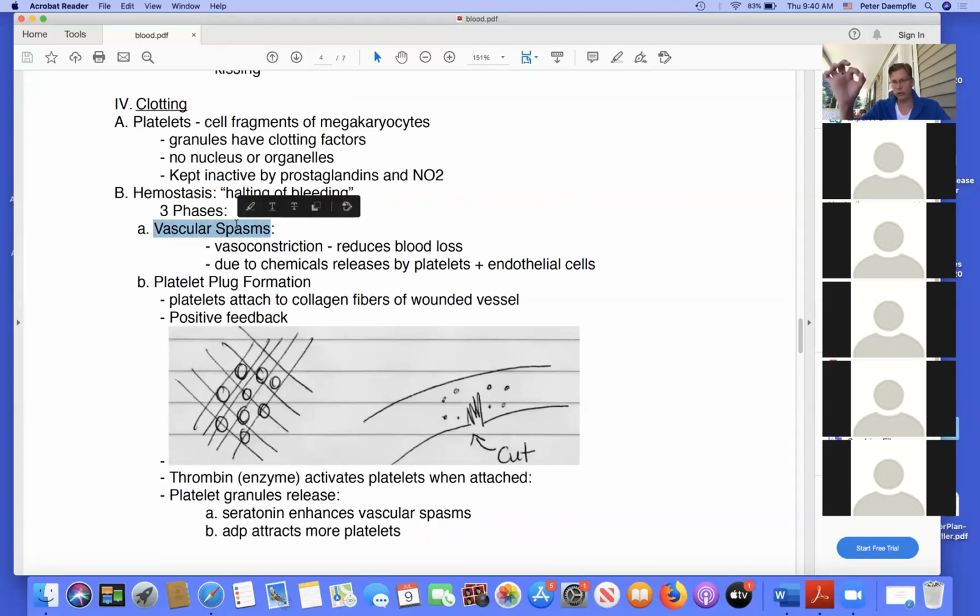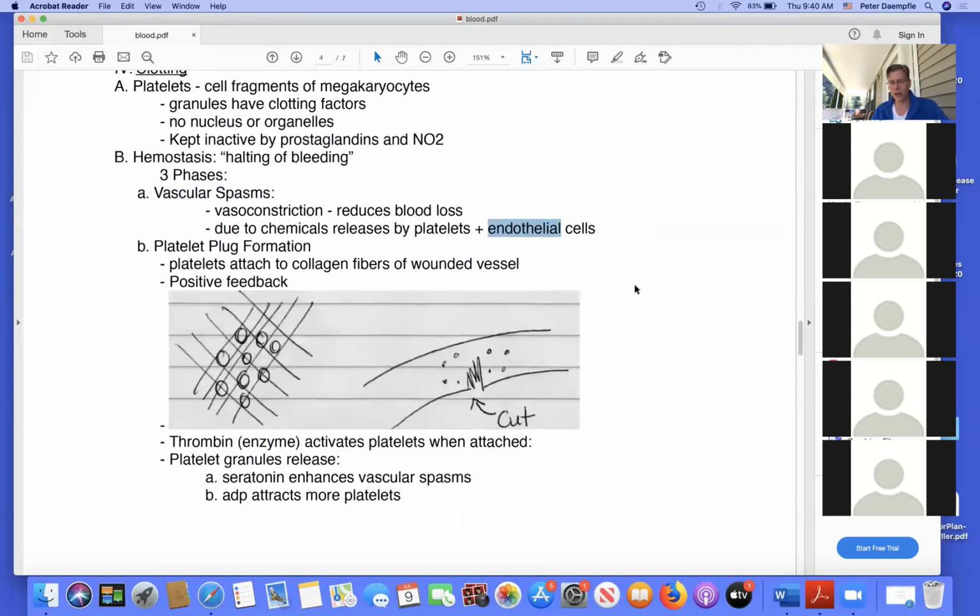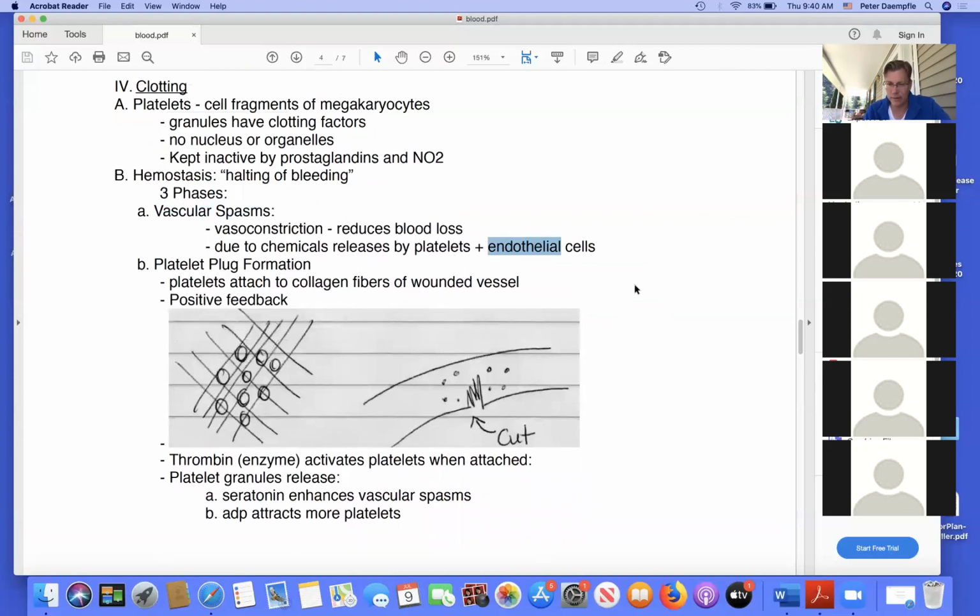That means you vasoconstrict or make smaller the blood vessel going to that area due to chemicals released by the platelets and endothelial cells lining the blood vessels. All right, remember we said those cells line blood vessels. So anyway, to make a long story short, step 1 of hemostasis is a vascular spasm, and that involves what? Vasoconstriction. Step 2 is to make a platelet plug formation.